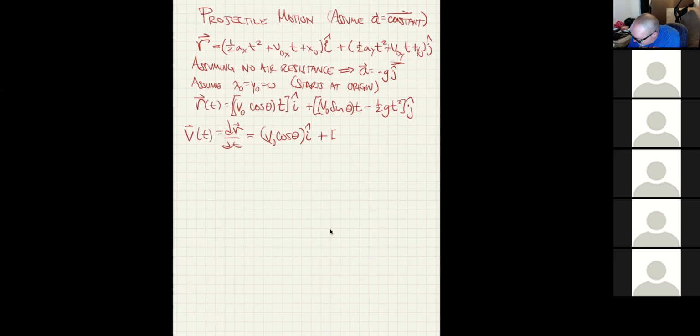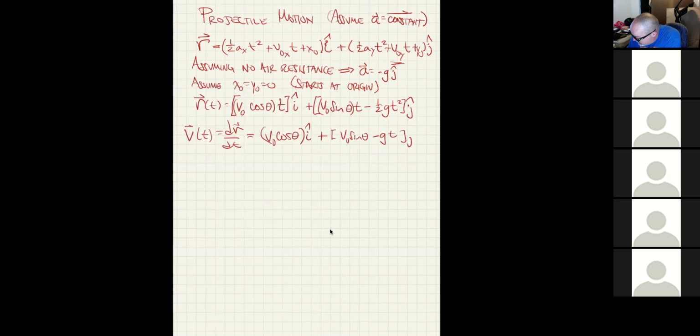So when I take the derivative of that term, I just get V0 sine theta. And then when I take the derivative of negative 1/2 g t squared, I get, of course, negative 2 g t times 1/2. So that just becomes negative g t.